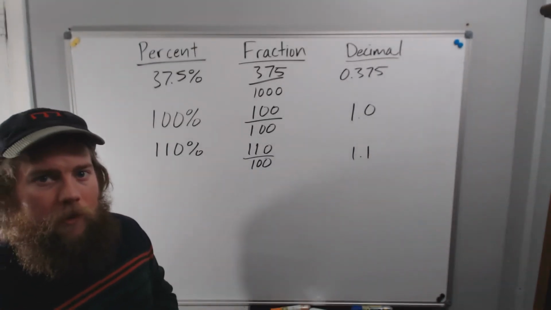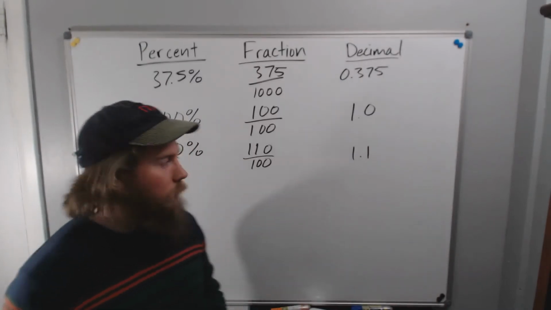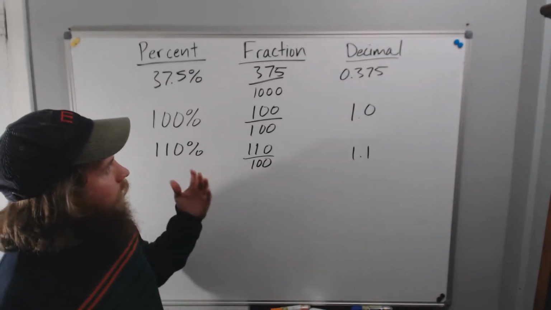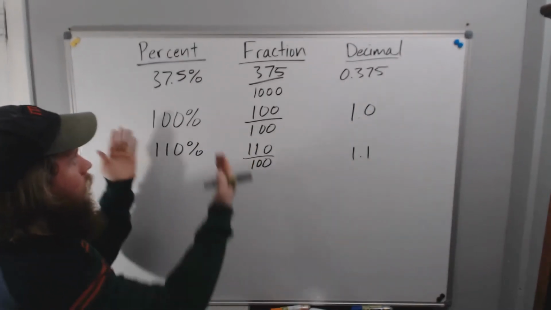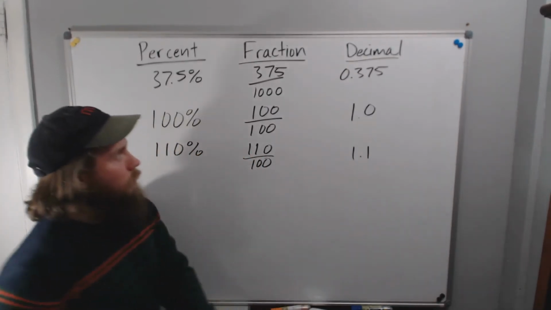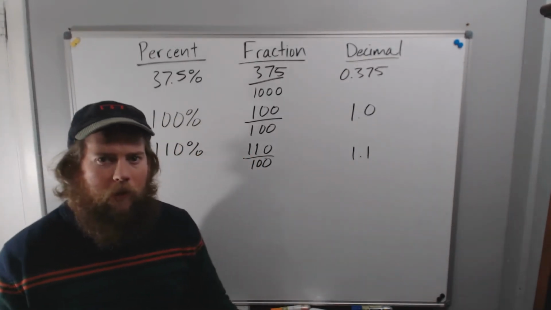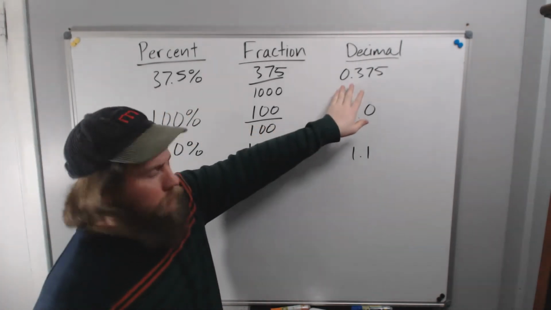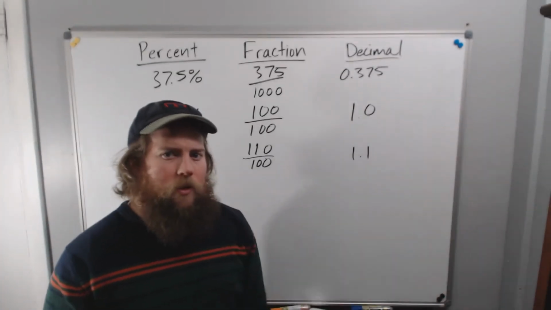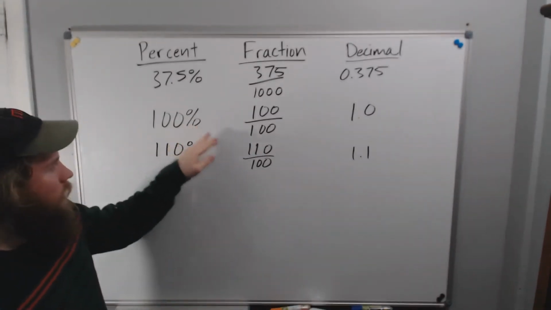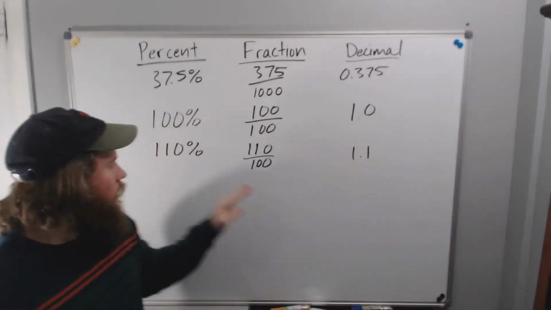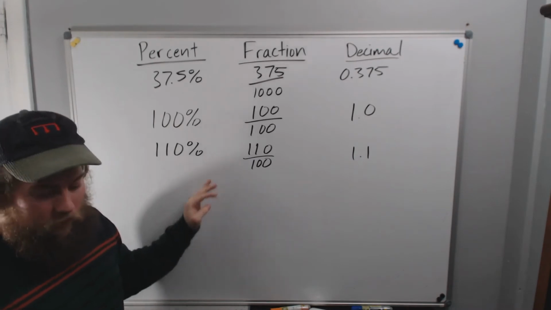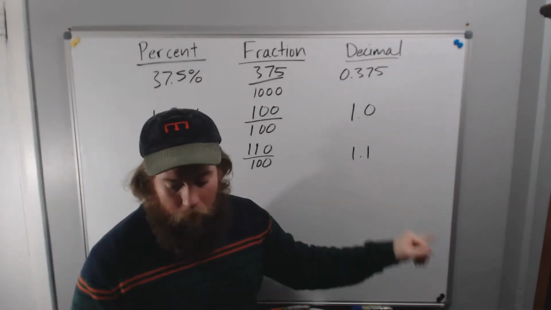Now that we have a few of these up here, I want to look at the relationship between the percent and the decimal. They look pretty similar, right? 37.5% is equal to 0.375. 100% is the same as 1.0. 110% is the same as 1.1.